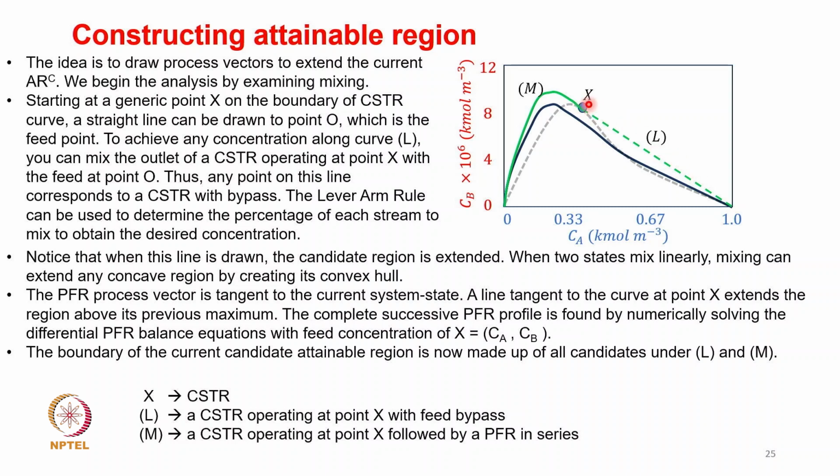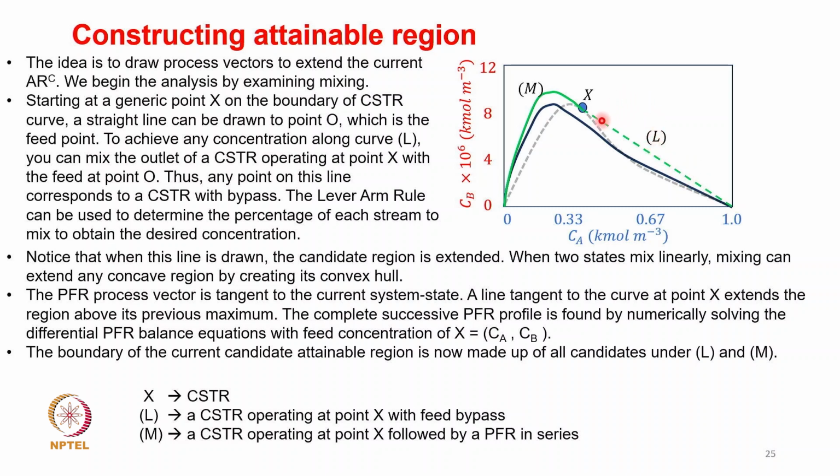So here is the CSTR operation, and anywhere you want to achieve, you have to add the feed. Which essentially means that anywhere along this line, the CSTR outlet, the operating point of the CSTR, is mixed with the feed point O, which essentially means that it is a CSTR with a bypass. Again, you can use the lever arm rule to find out wherever you are standing on this line.